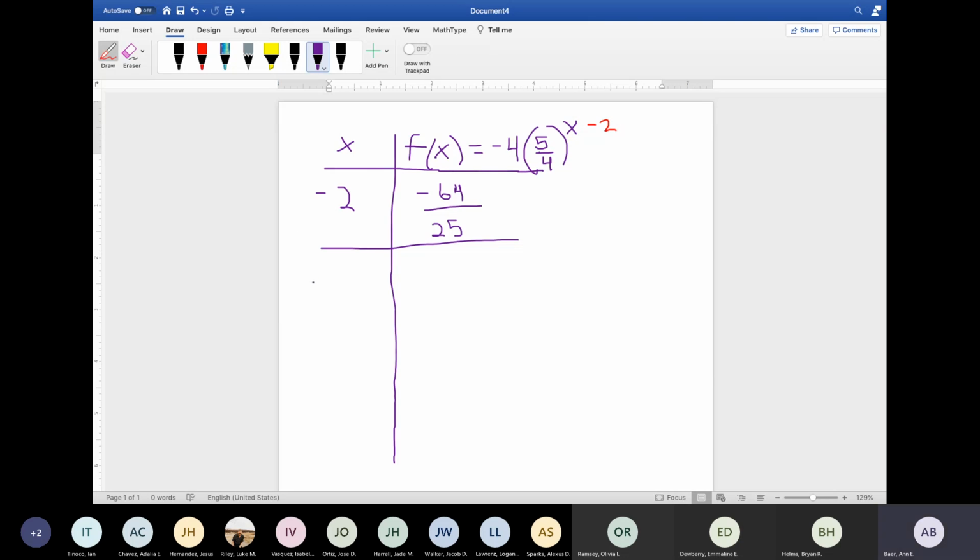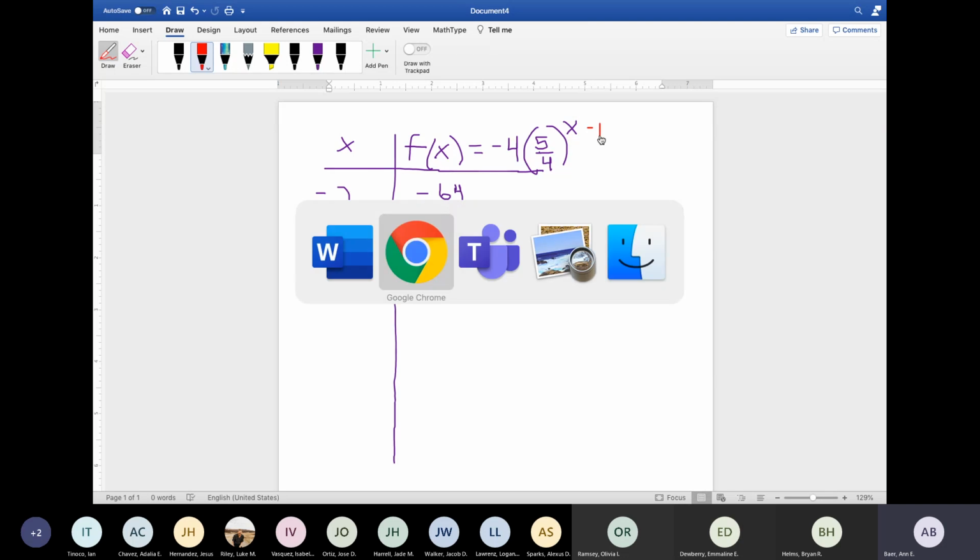Let's do -1. This time, we're going to put -1 here. You can, if you're into the graphing calculator, save your time, and you want to be into the graphing calculator because it will help you.